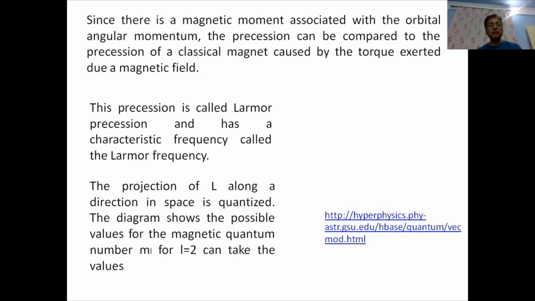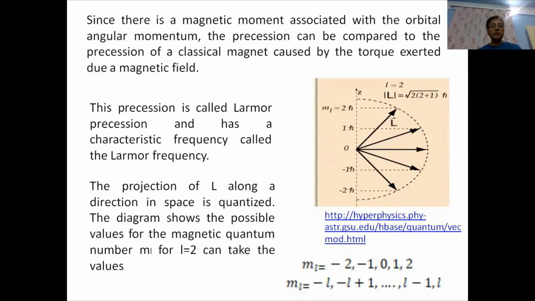The projection of the angular momentum L along a direction in space is quantized, as we know. This diagram shows the possible values of the magnetic quantum number ML for L equal to 2.